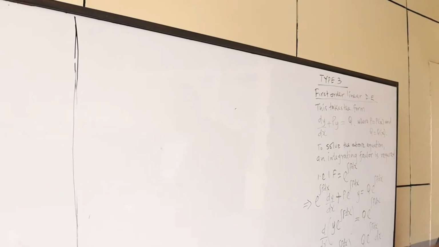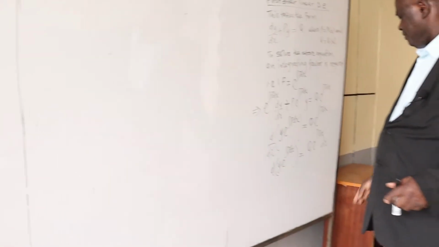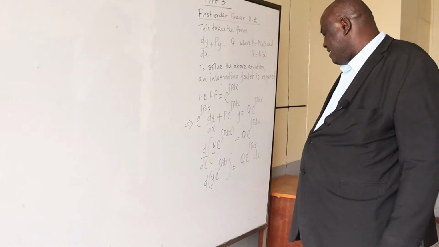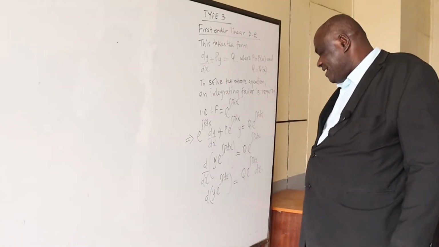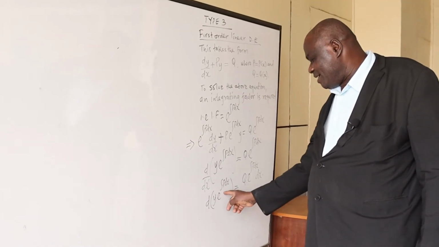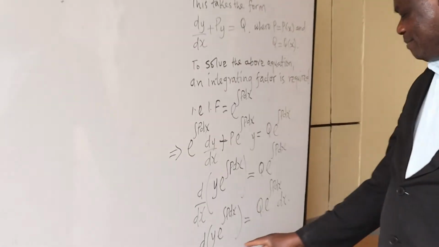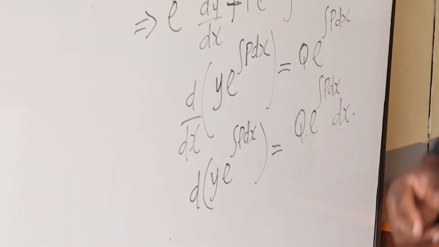Now, if we integrate both sides, after separating, these are all in excess, and this is d of some combination of terms here.